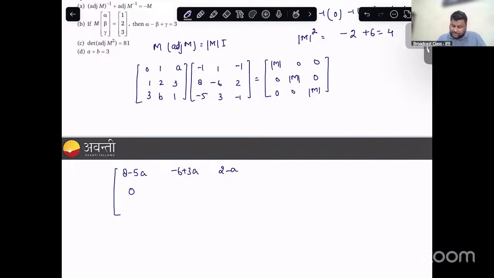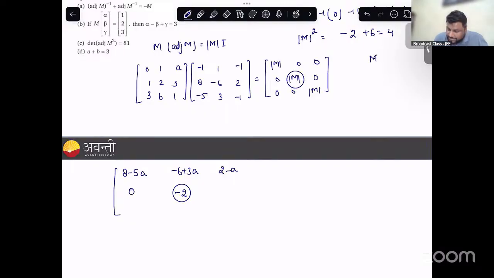Now second row, second column, 1 minus 12 plus 9, so that comes minus 2. So this signifies that determinant of M is going to be minus 2.